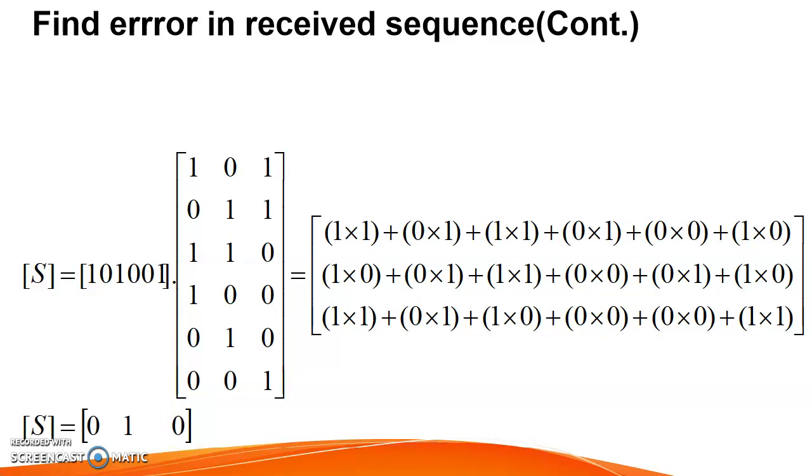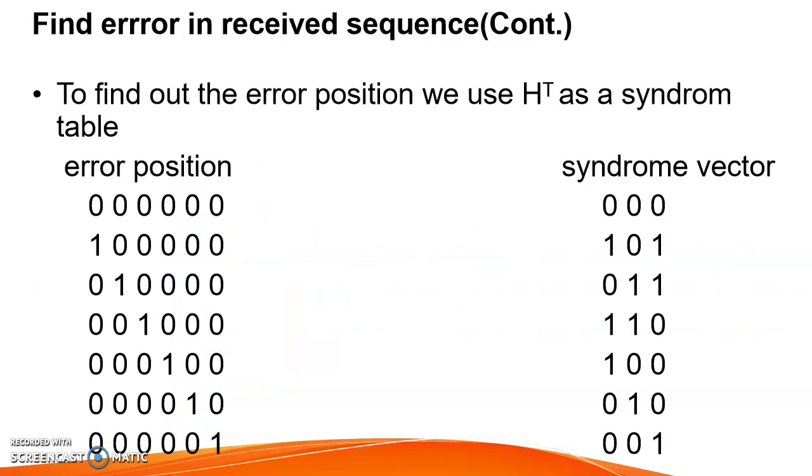Now, from the error syndrome we have to find the error position, that means in which bit position of the received sequence the error has occurred. To find the error position, we use the transpose of the parity check matrix as a syndrome table. This is the error position and these are the syndrome vectors. Note that if there is no error, then the syndrome vector will be 0, 0, 0.